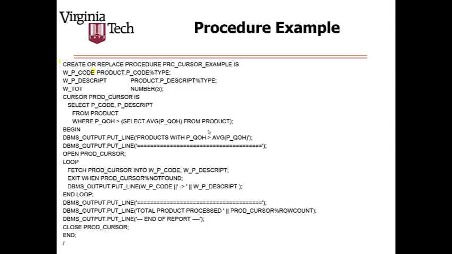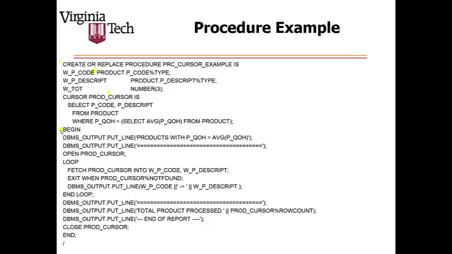Okay, so here what I'm doing, my cursor is PROD_cursor, and I'm selecting the product code and the description from product where the quantity on hand is greater than the average quantity on hand from product. Right? That's my cursor.